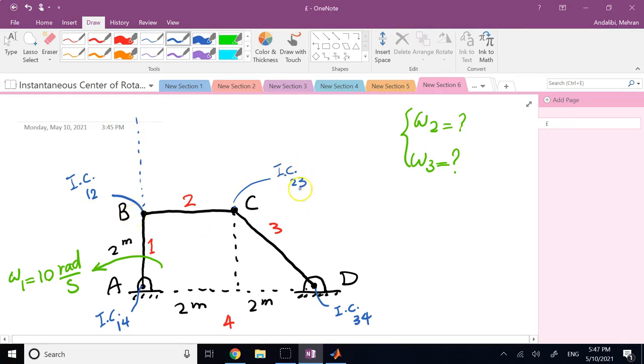Also, if you connect IC of 2, 3 to 3, 4, again 2, 4 is going to be on that line. So if we continue this line and the other line, the intersection point is going to be the center of rotation for member 2 with respect to member 4. So this is IC of 2 and 4.